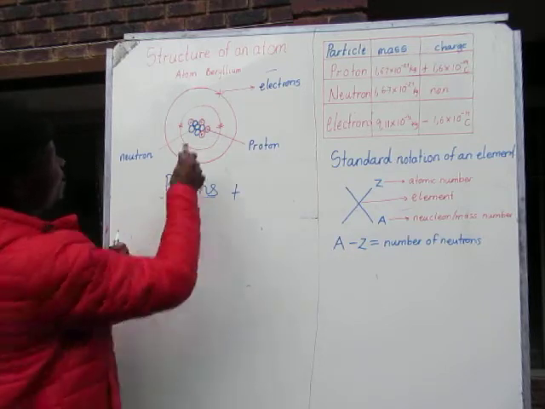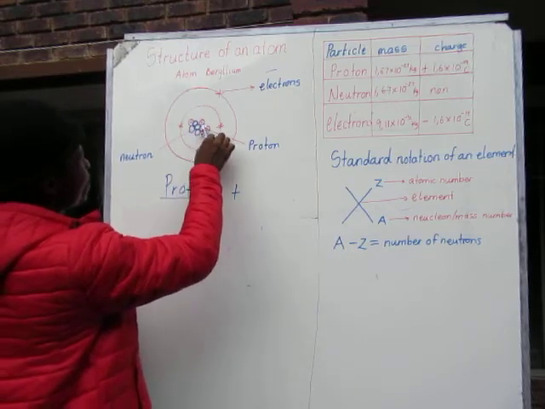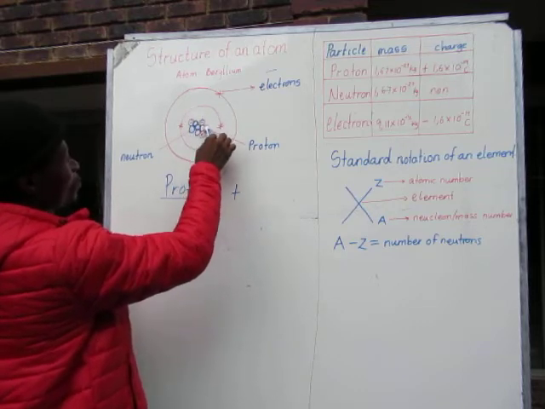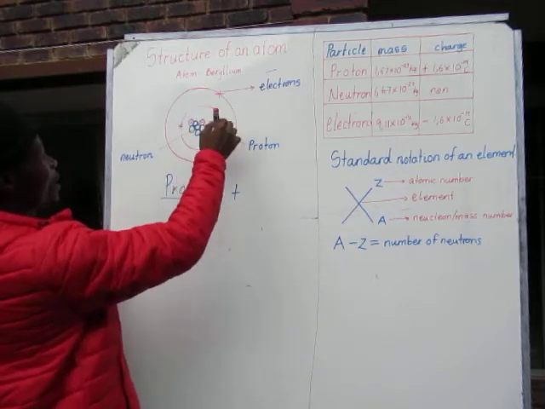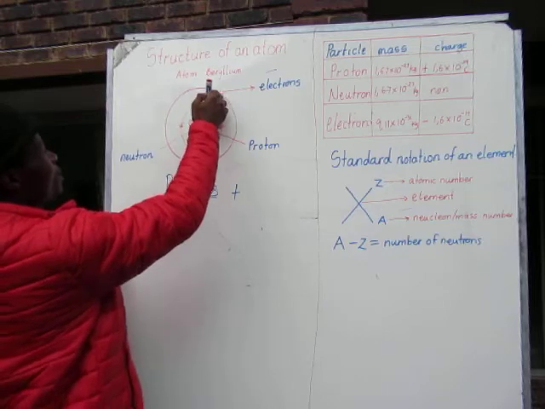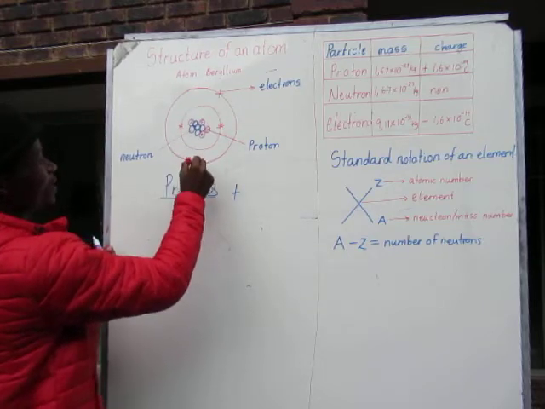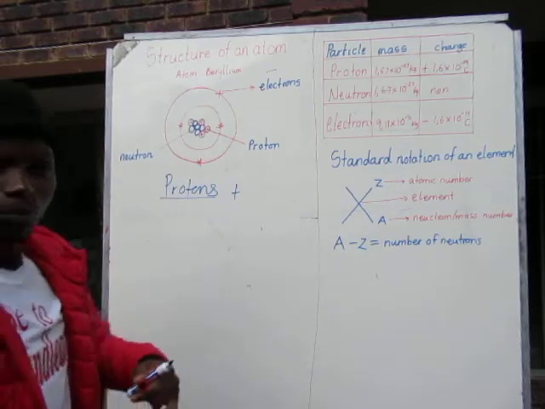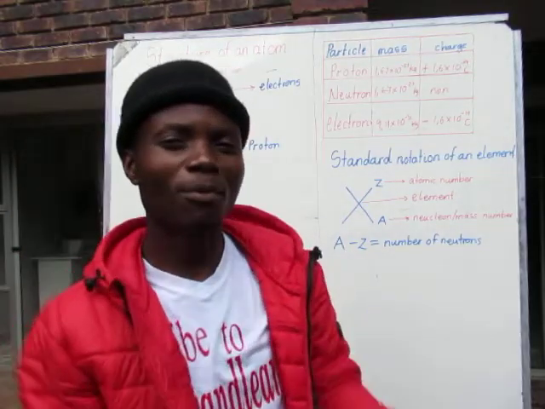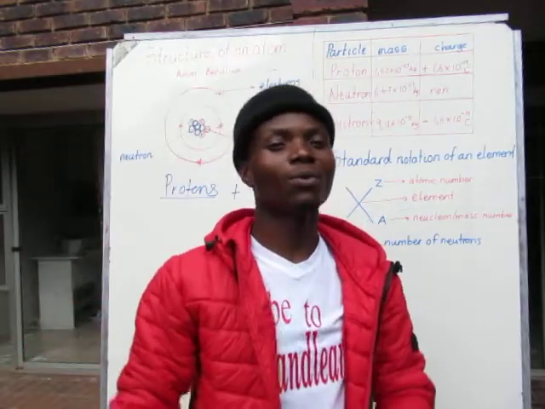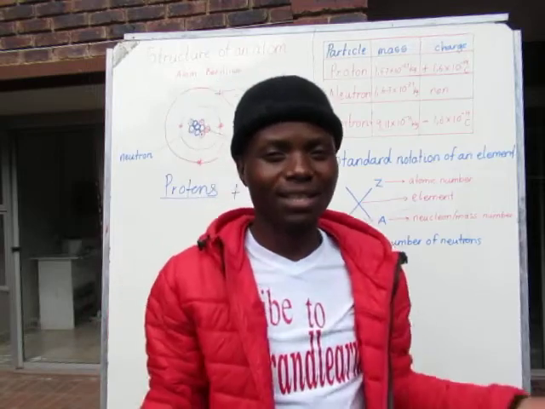So the protons, they are found at the center and they are 1, 2, 3, 4. That means we should also have 1, 2, 3, 4 electrons. So this is a very important principle we should be aware of. That means the number of protons is also equal to the number of electrons. So that means they cancel out.